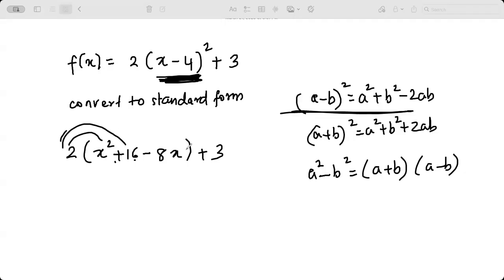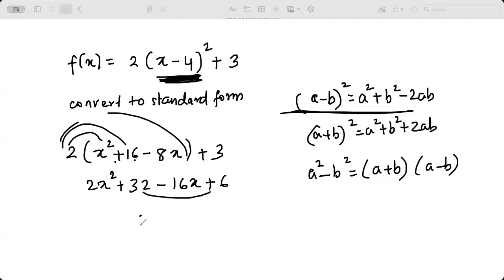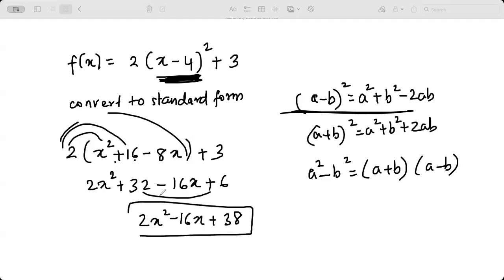Then distribute it: 2x square plus 32 minus 16x plus 6. You got it? Now you can add these two: 2x square minus 16x plus 38. You got it?